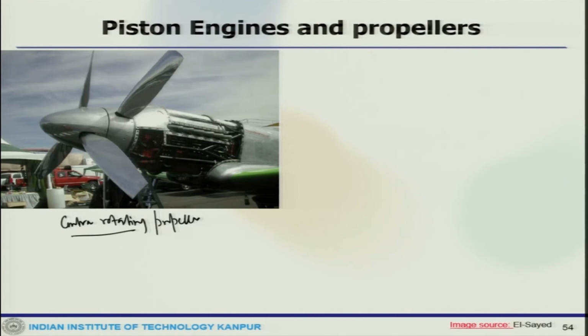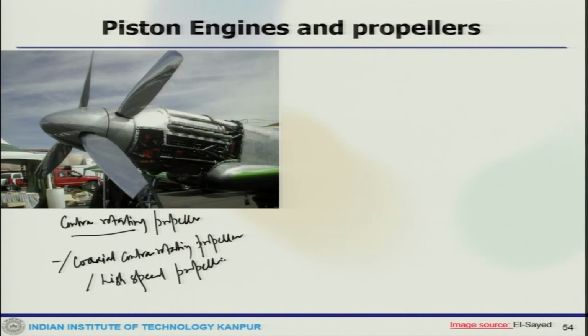Now, these contra rotating propellers are also called coaxial contra rotating propellers or high speed propellers.